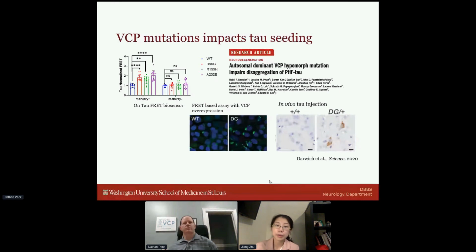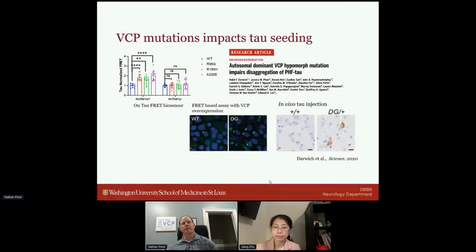And there was another paper published in Science last year. They identified new cases with AD, and in their mutations, you can see in their FRET-based assays the same effects as what we're seeing over here. And they're also doing in vivo studies with tau injections in their heterozygous and homozygous mice, and they see an increase of tau aggregation in the brain.